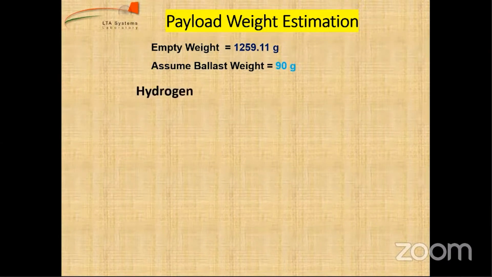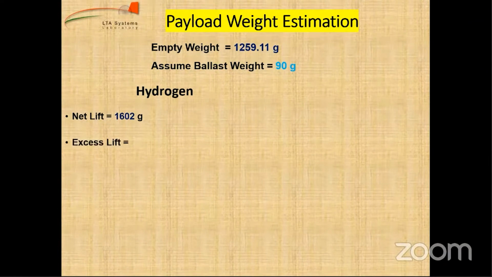So we have seen two LTA gases, hydrogen and helium. Let's go around hydrogen first. You got a net lift of 1602 grams earlier, right? So what would excess lift be? Can somebody tell a simple relation?